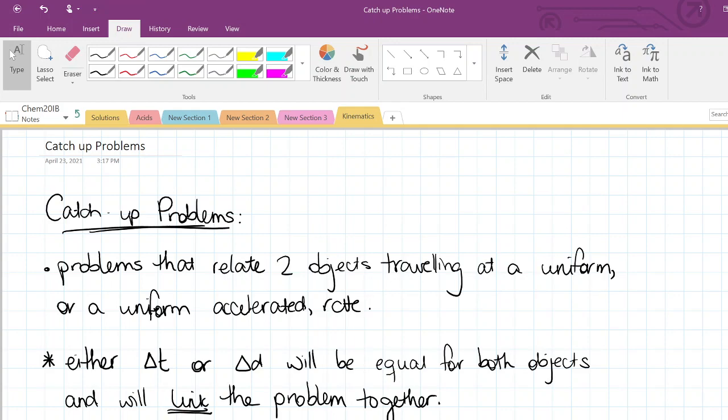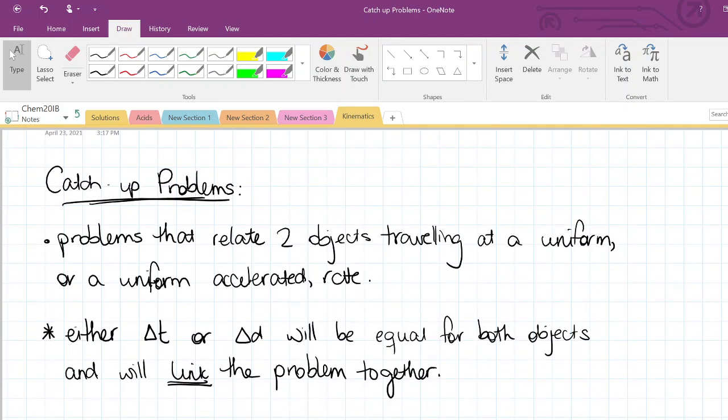And I know you guys have looked at these problems in your Math 10 class, but now we're going to look at them in terms of the physics side of things, and we're going to define these problems with our physics variables and our speed equals total distance over total time equation, which is specifically our uniform motion equation. So I've got two examples here.